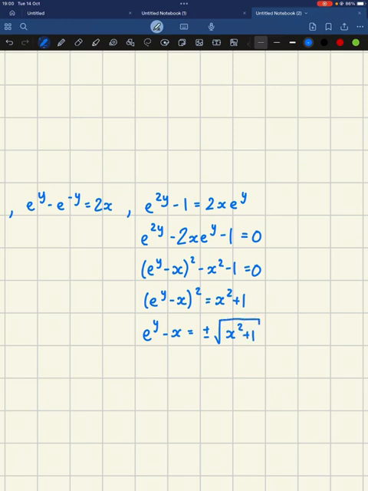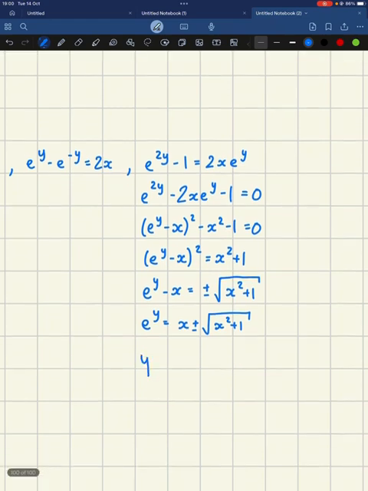Now we add x to both sides, so e to the y is equal to x plus or minus the square root of x squared plus 1. We want y, so y is equal to ln of x plus or minus the square root of x squared plus 1.